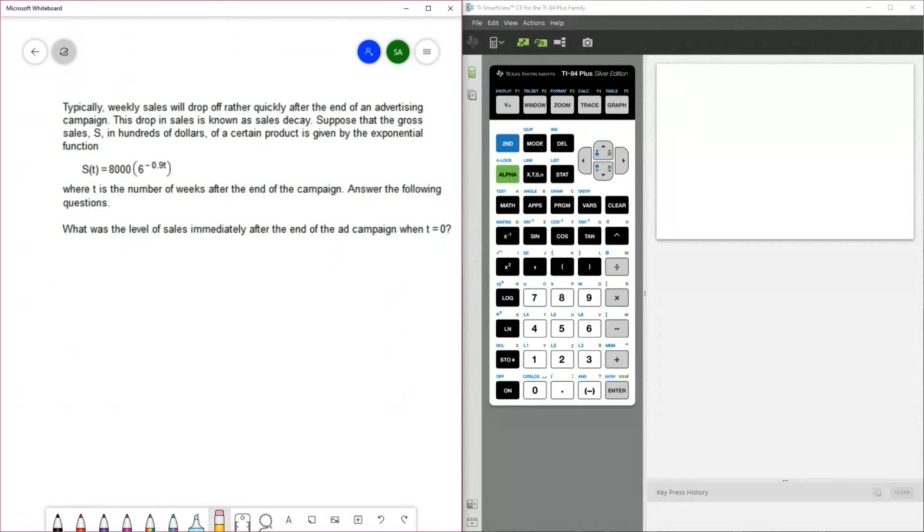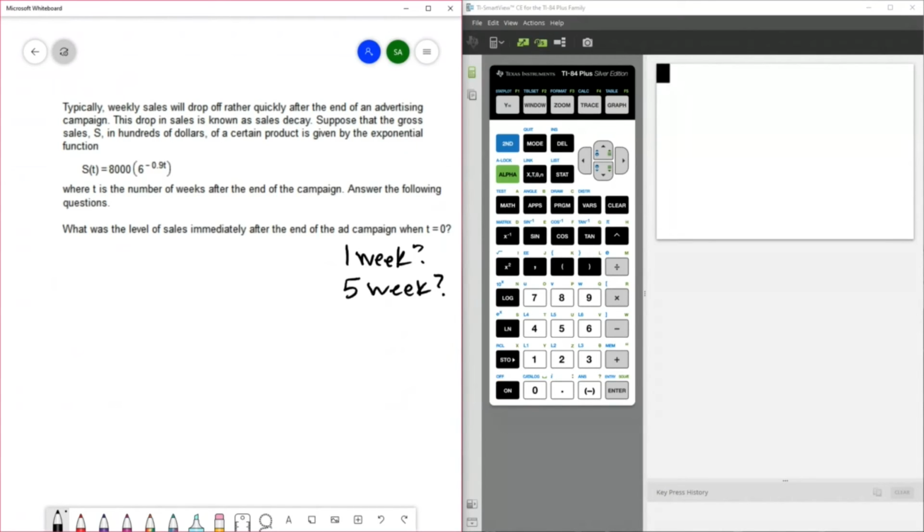Answer the following questions. What was the level of sales immediately after the end of the campaign when t equals 0? I'd also like to know what was the level of sales 1 week and also 5 weeks after the end of the campaign.